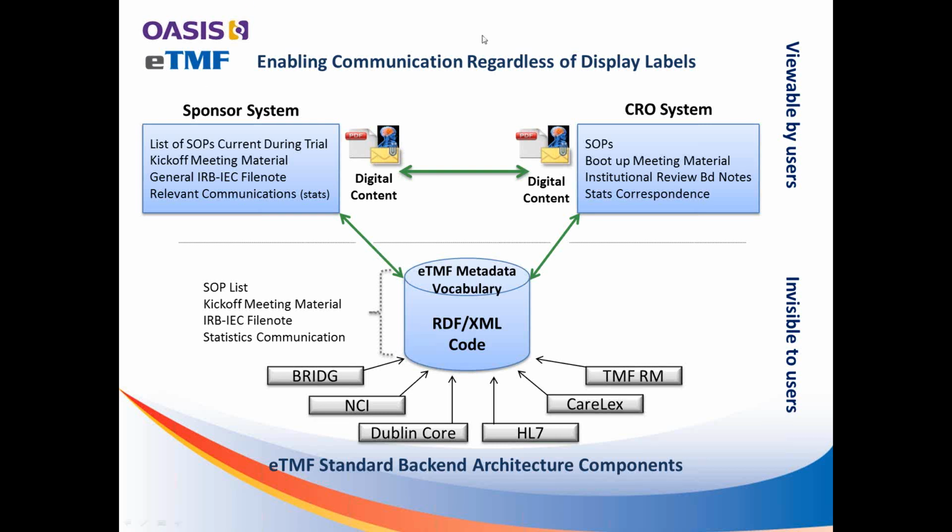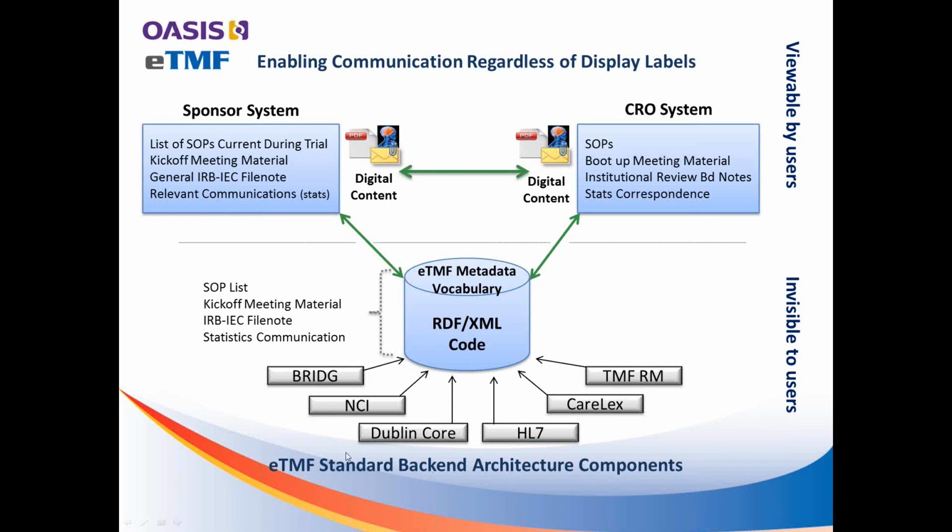If you look at the top half of the screen, today, as I showed earlier, we have different terminologies that are used, or sometimes the same terminology, but if there's a spacing difference or something, your machines can't talk.